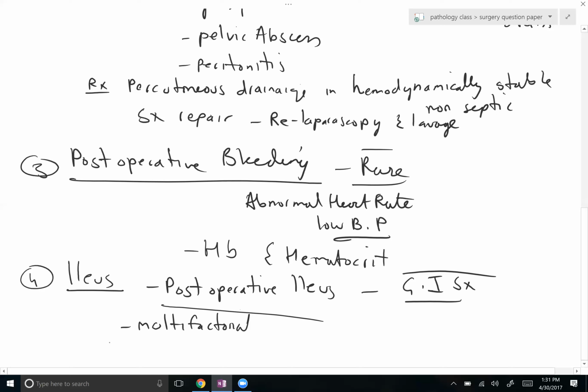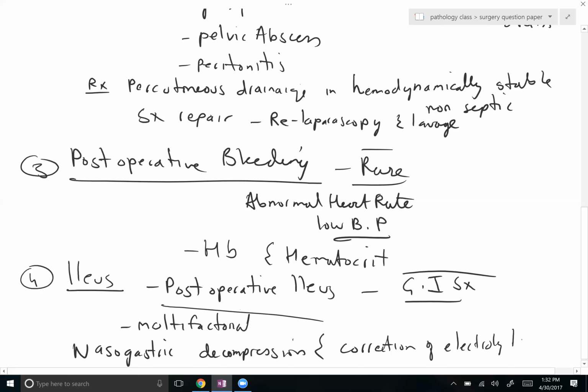The other thing is we have to go for nasogastric decompression, and we have to go for correction of electrolyte imbalances.